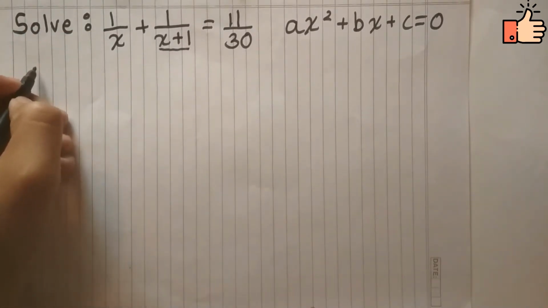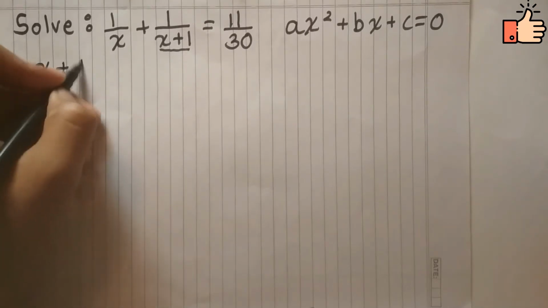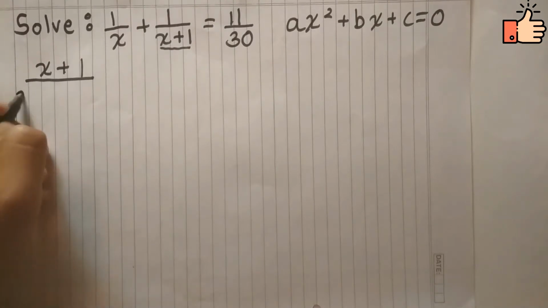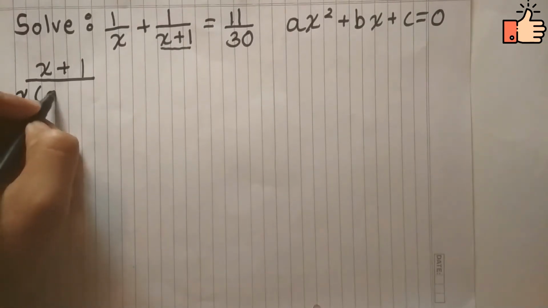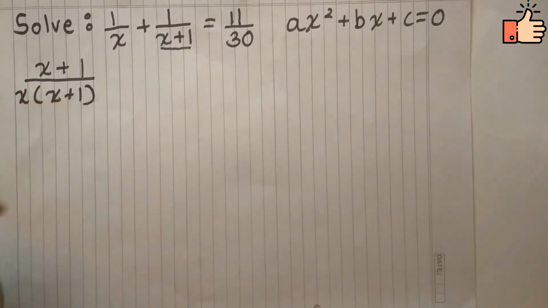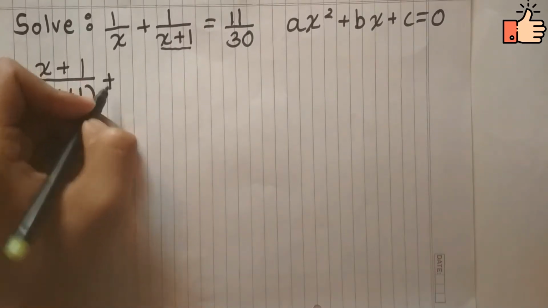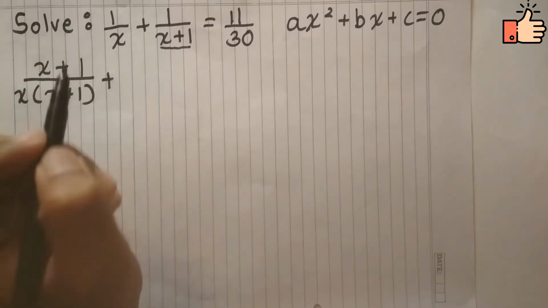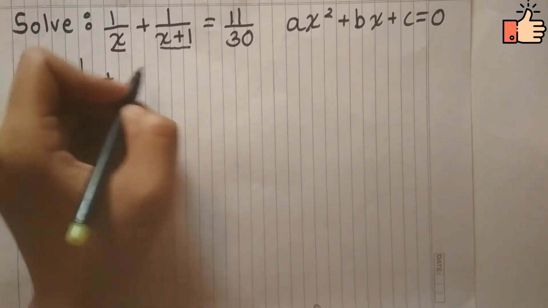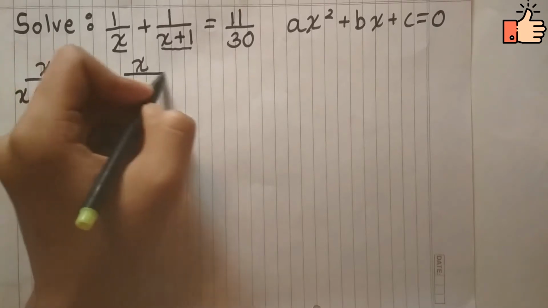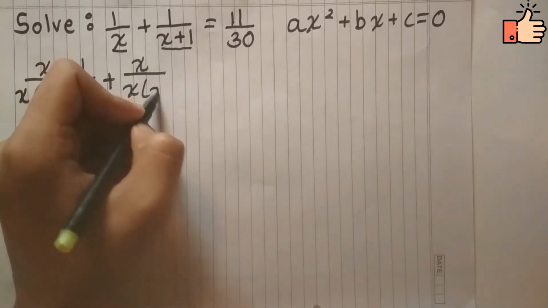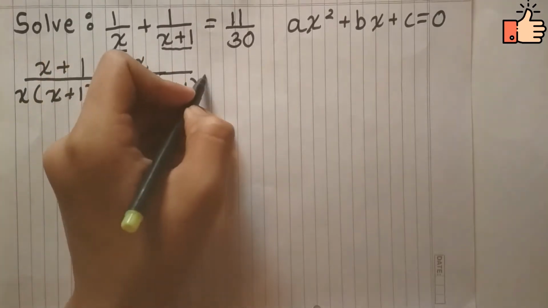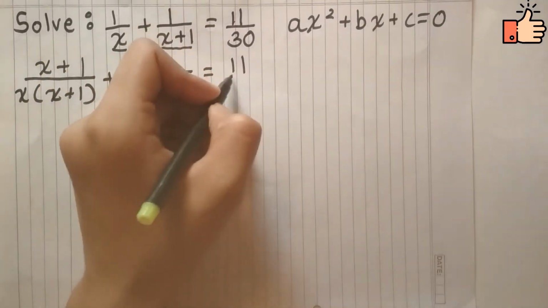So we'll get x plus 1 divided by x times x plus 1 plus, and the second fraction we will multiply both numerator and denominator by x. So it will be x upon x times x plus 1. So that is equal to 11 upon 30.